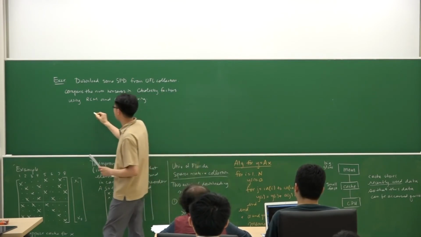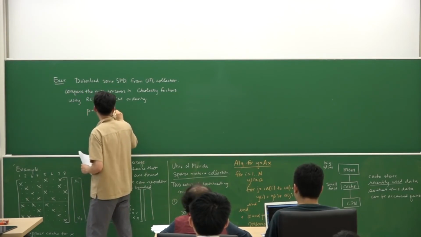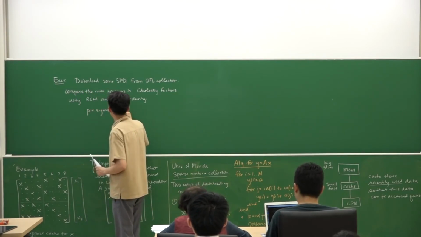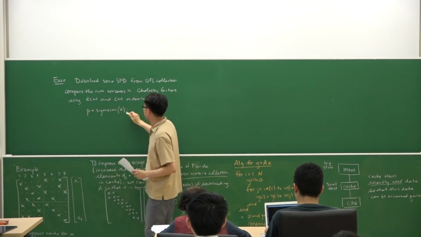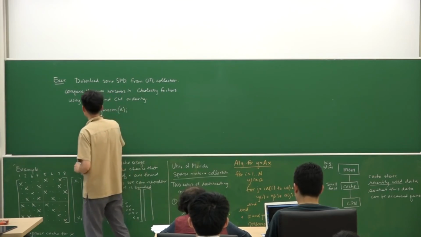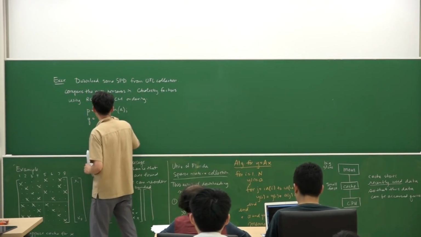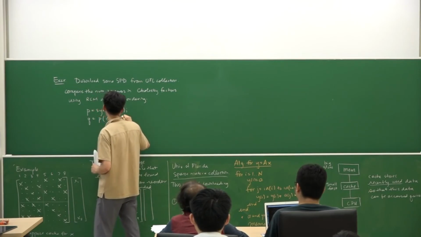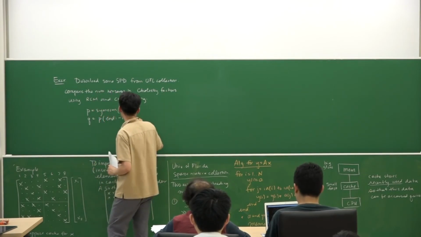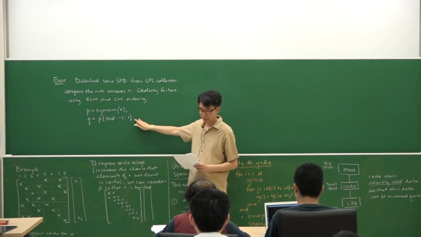Okay, so if we say that P is the RCM ordering, then Q is the Cuthill-McKee ordering, and you can get it from P(end:-1:1). So this just reverses the ordering. Okay.